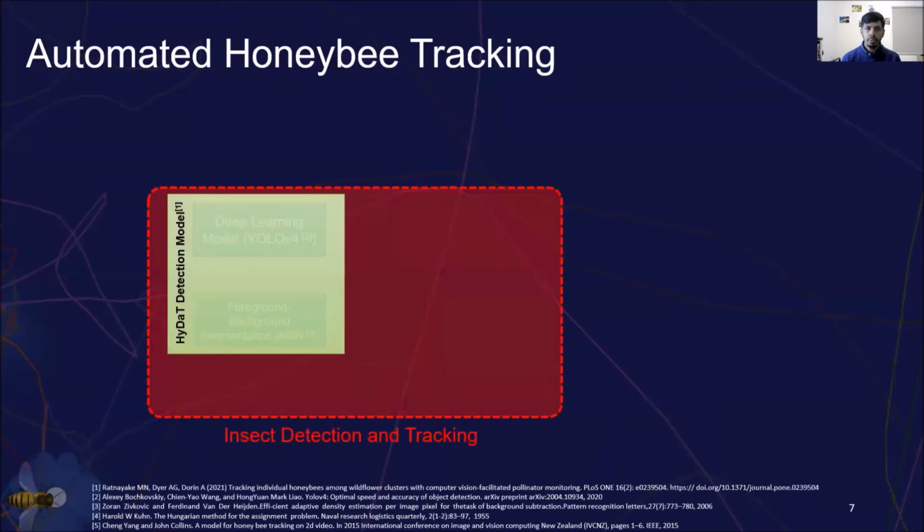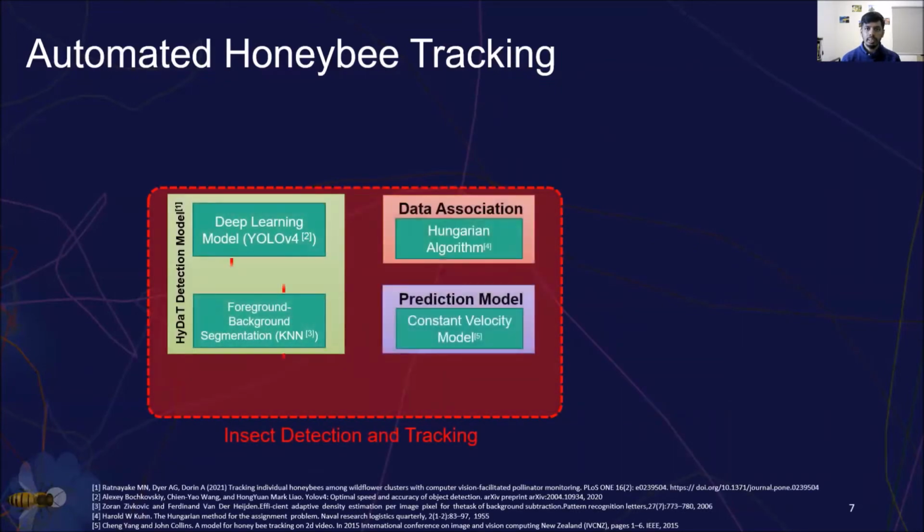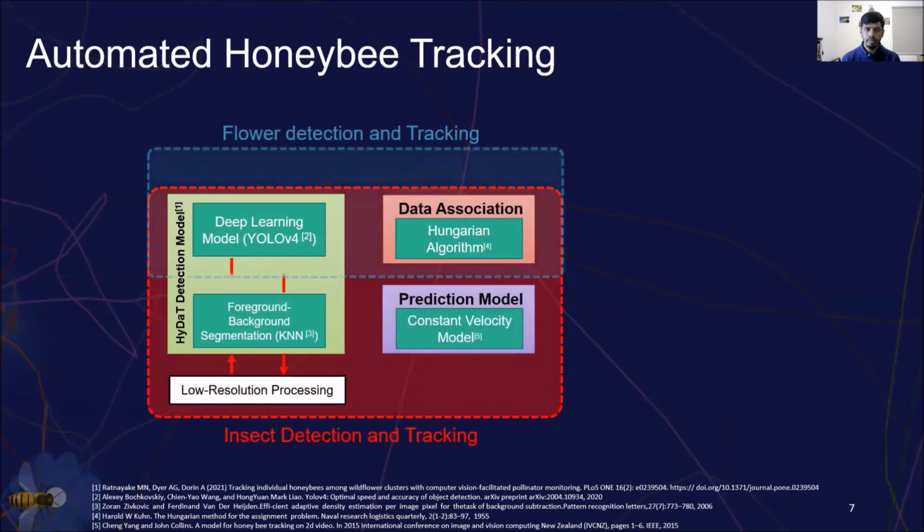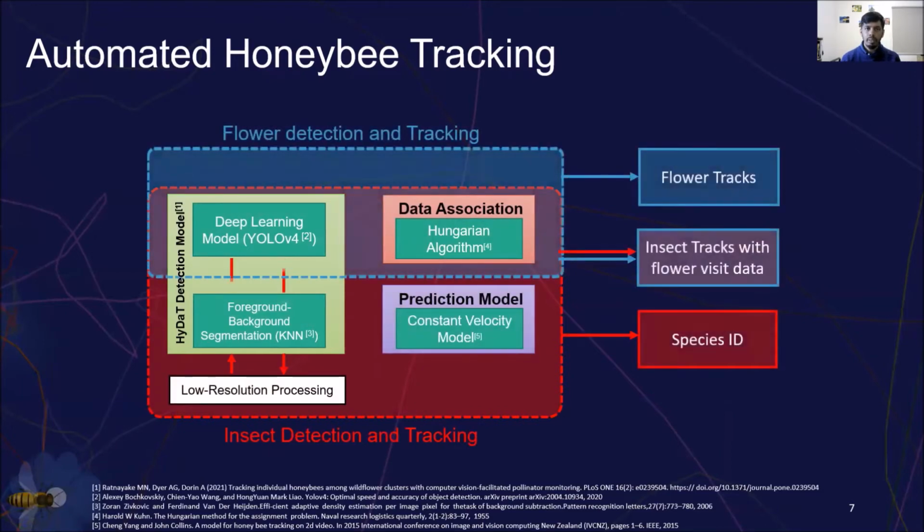Next, we automatically process the recorded videos using a custom designed automated algorithm. Our method uses a hybrid detection algorithm consisting of a deep learning detection model and a foreground-background segmentation model to detect and track untagged insects in flowers in complex and dynamic environments.